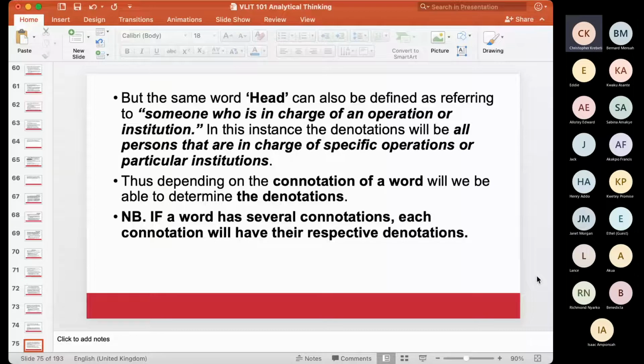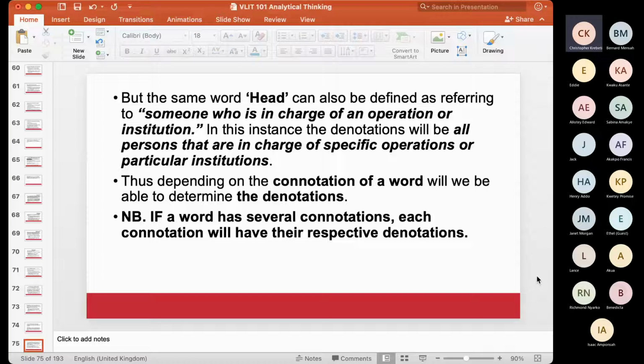Then the one in charge of both the academics and the non-academics is referred to as the vice chancellor, within the university. So this is within the university setting. The same thing applies to those of you who are working in organizations. So in this instance, the denotation will be all persons that are in charge of specific operations or particular institutions.